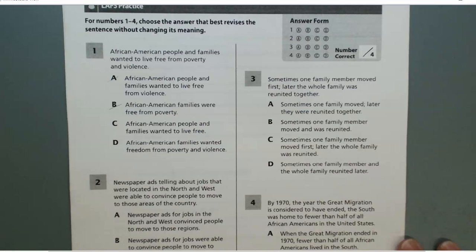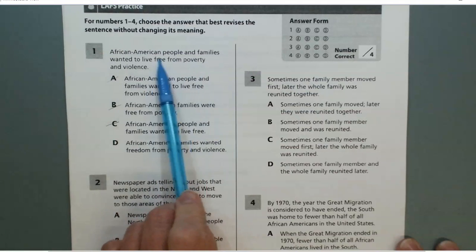Now remember, the objective is to revise the sentence without changing its meaning. Okay, so we have: African American families wanted freedom from poverty and violence. We want to use some of the same words.